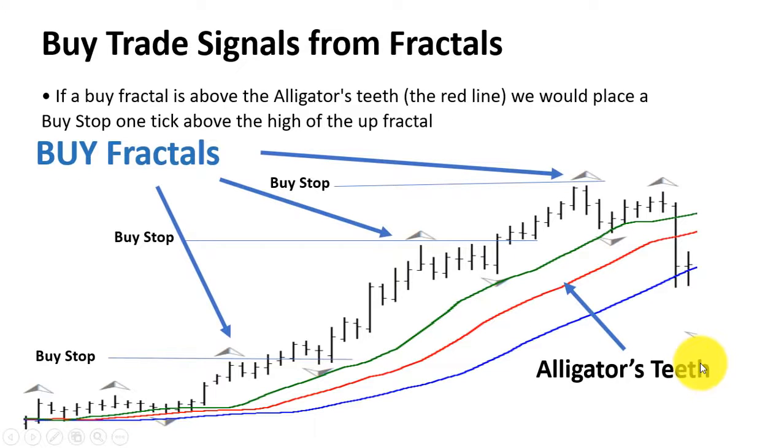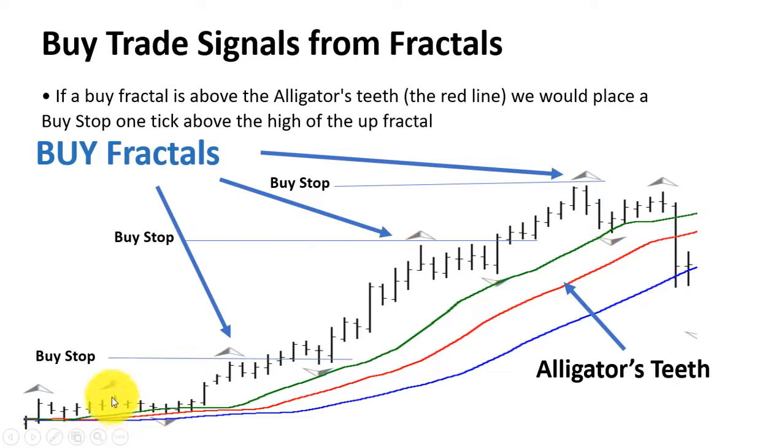So let's see how trade signals are generated with fractals. If a buy fractal is above the alligator's teeth, remember the alligator's teeth is the middle line, we will place a buy stop 1 tick or 1 pip above the high of the up fractal. So now we know the alligator is awake here, right? Because all the 3 lines are not crossing each other.